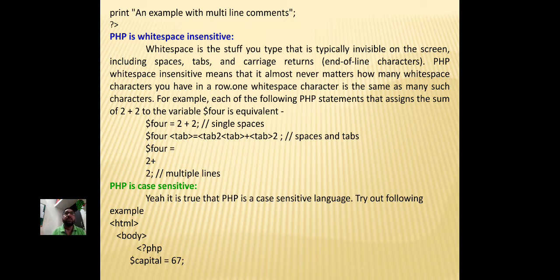One white space character is the same as many such characters. For example, each of the following PHP statements that assign the sum of 2 plus 2 to the variable is equivalent. PHP is case sensitive. Try the following example.